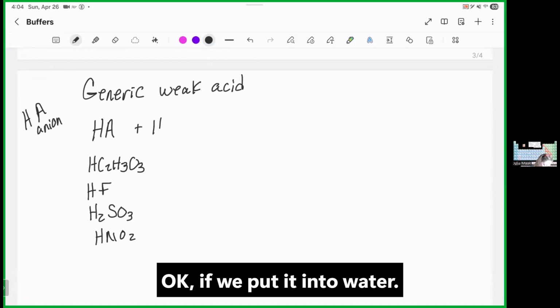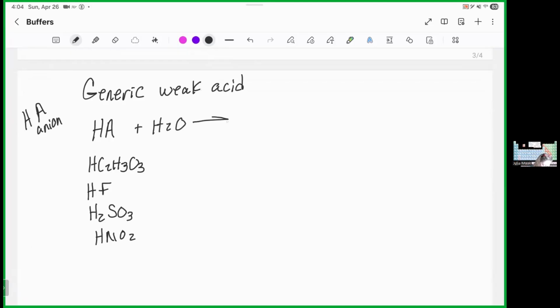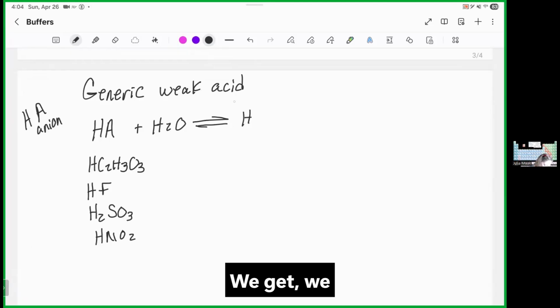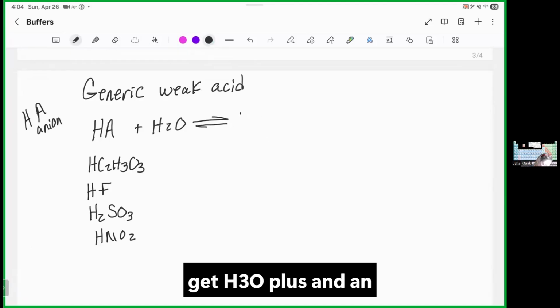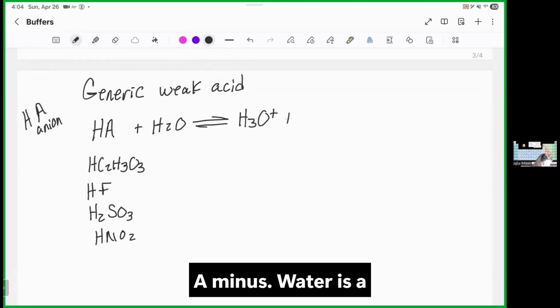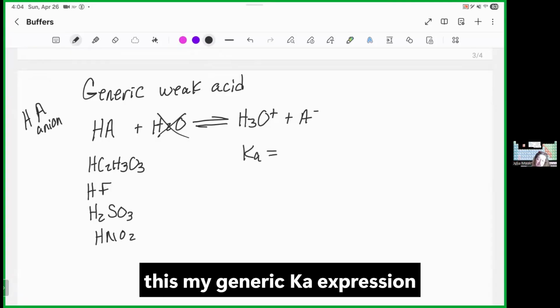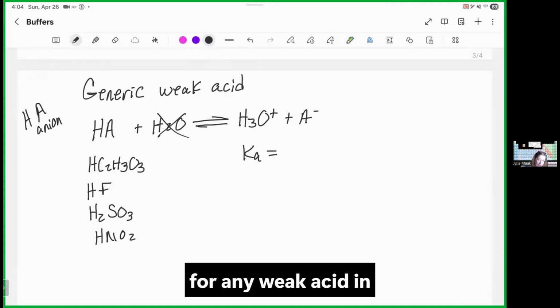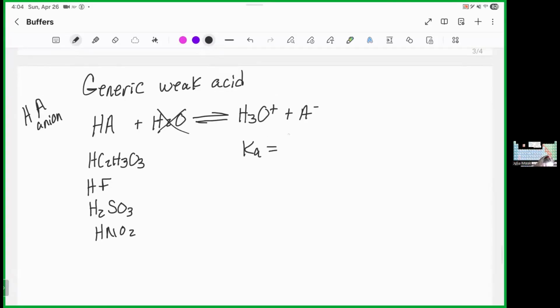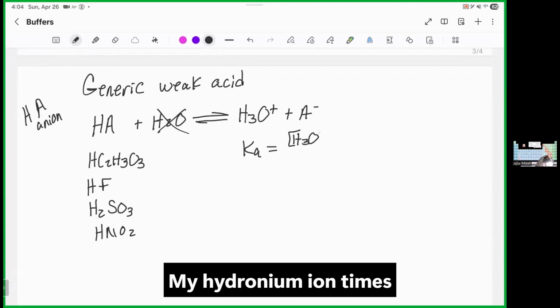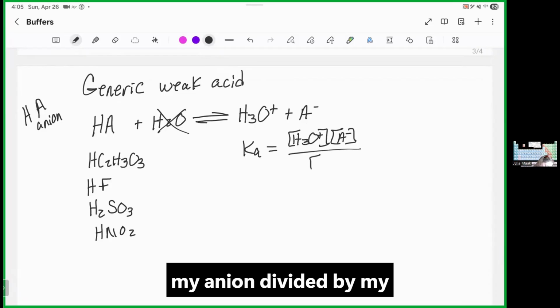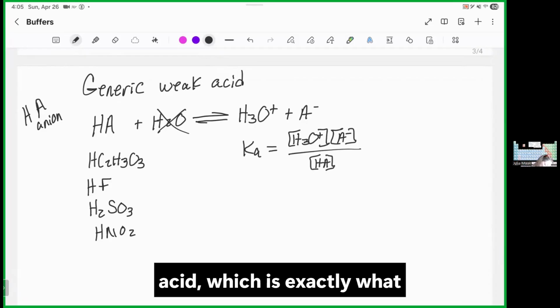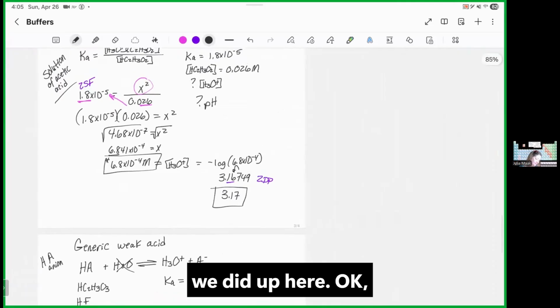Okay, if we put it into water, we get H3O plus and an A minus. Water is a liquid. So my generic Ka expression for any weak acid in water is my hydronium ion times my anion divided by my acid, which is exactly what we did up here.